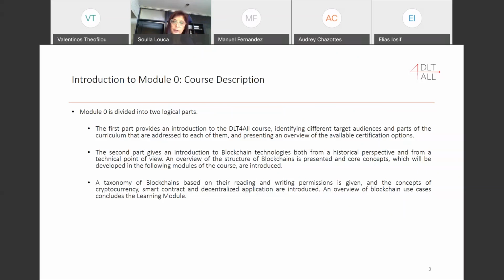In the second part, we're going to give an overview of the blockchain technologies, based also from a historical perspective and from a technical point of view as well. A taxonomy of the blockchains based on the reading and writing permissions will be given, as well as discuss the concepts of cryptocurrencies, smart contracts, and decentralized applications.